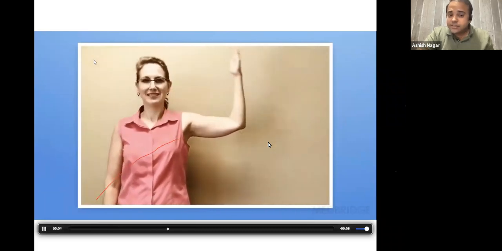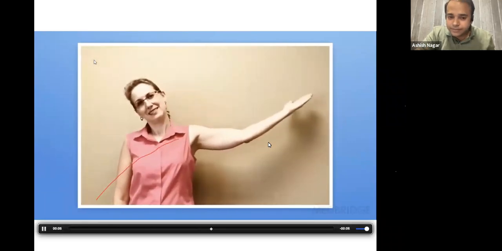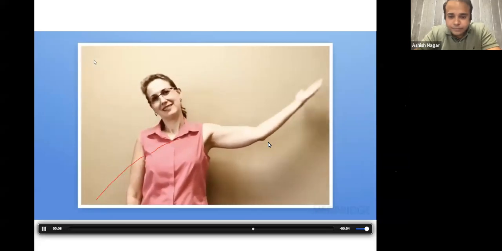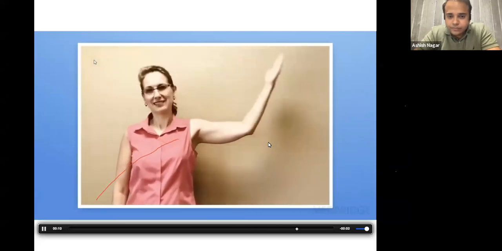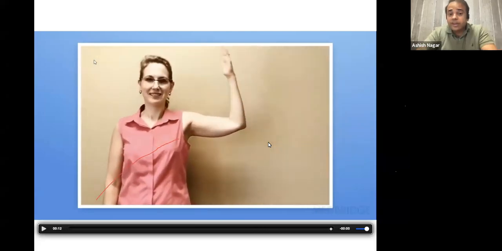Now, here, the two ends are going away from each other. So you just have to apply the same principle for all the nerve assessment and examination we just did.